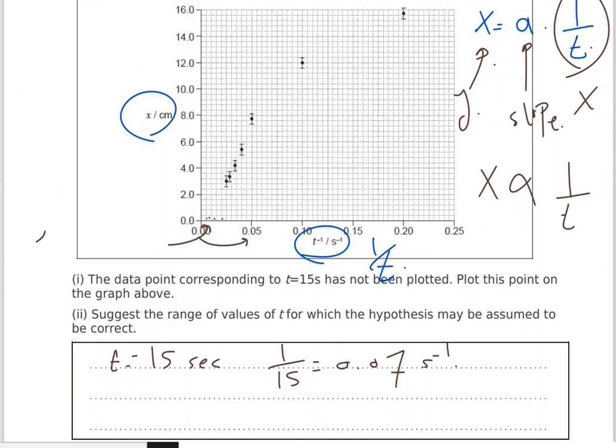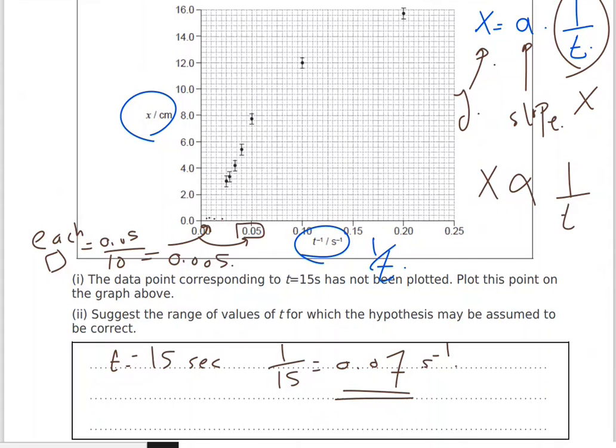So each square on the x-axis represents 0.05 divided by 10, which equals 0.005. I need to go to 0.07, that means around 4 squares beyond 0.05 to reach 0.07. But before, we have to draw a straight line with a ruler.